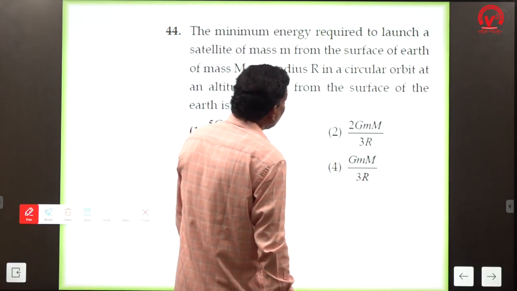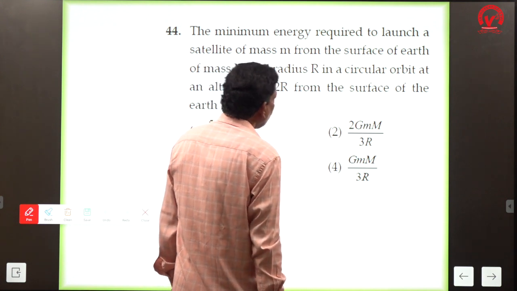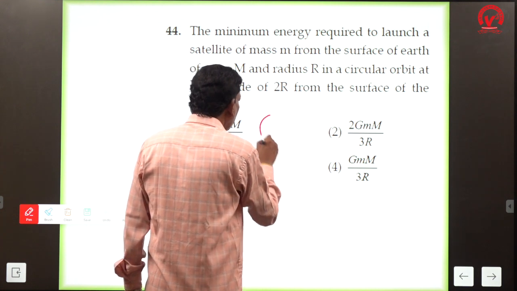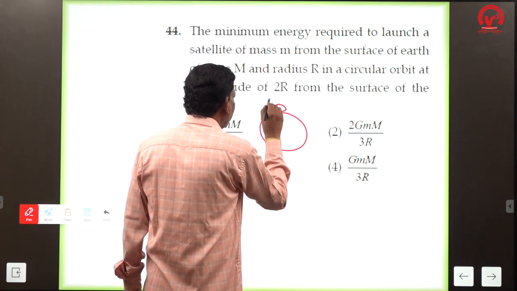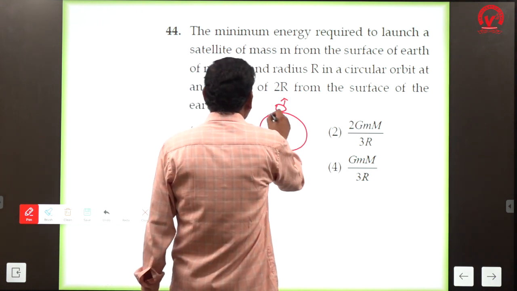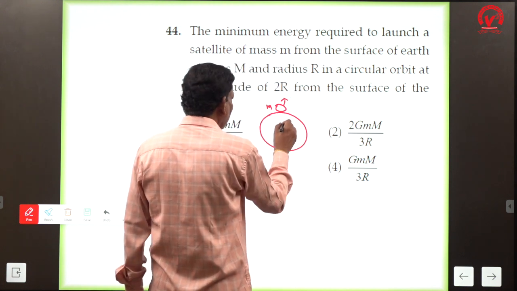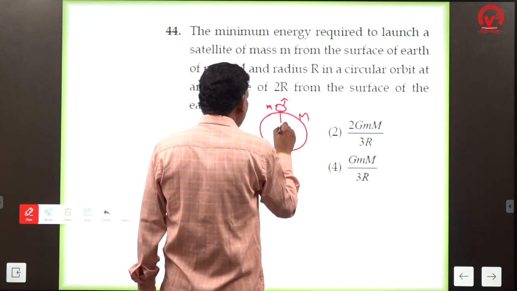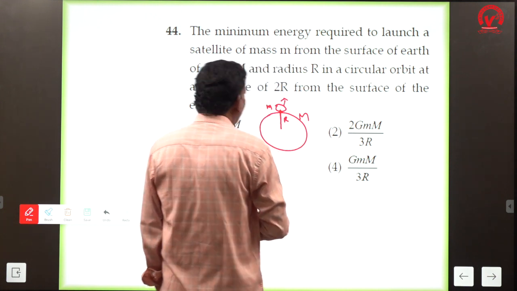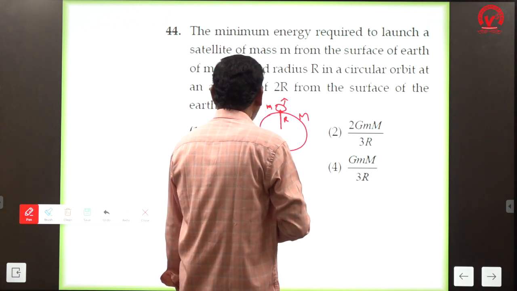The minimum energy required to launch a satellite of mass m from the surface of the Earth of mass capital M with radius R in a circular orbit at an altitude of 2R from the surface of the Earth.